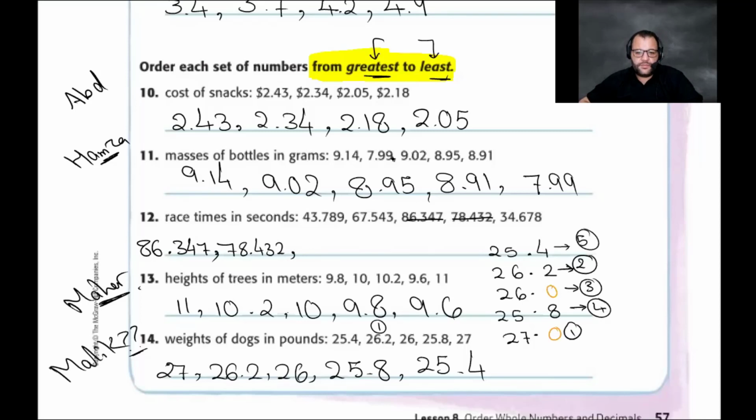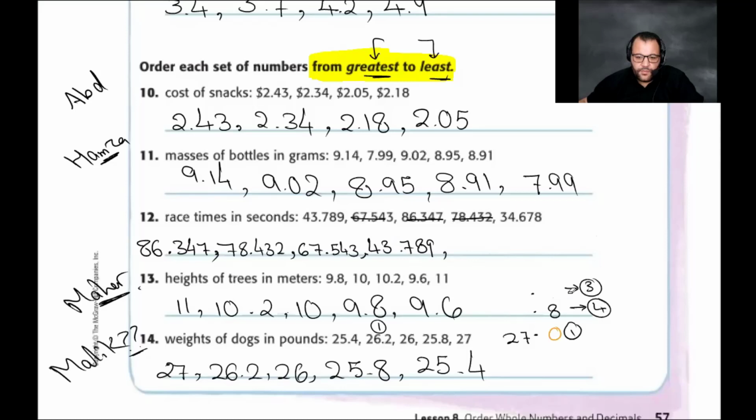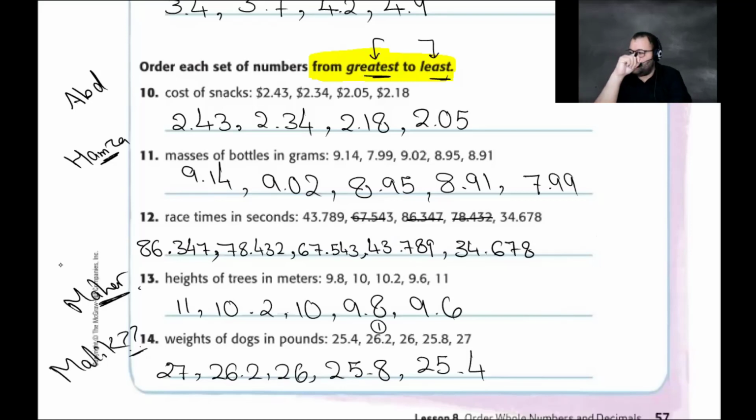The next is 67.543. Then 43 and decimal point 789. The last one will be 43 and decimal point 678. Yes, perfect. So the last one will be 34.678. Okay, thanks.